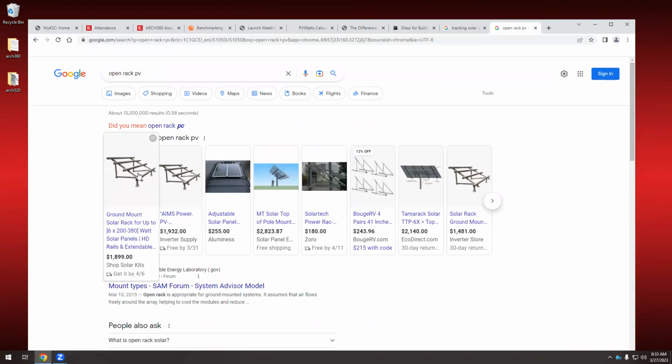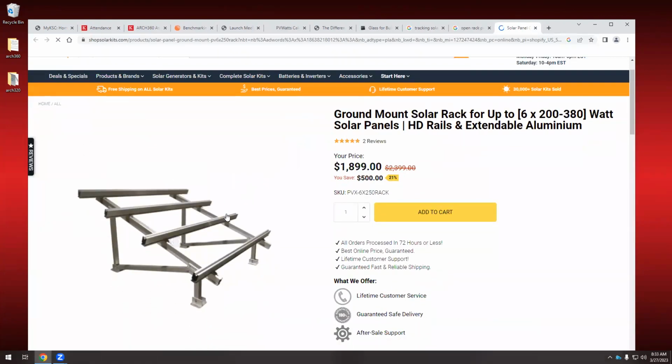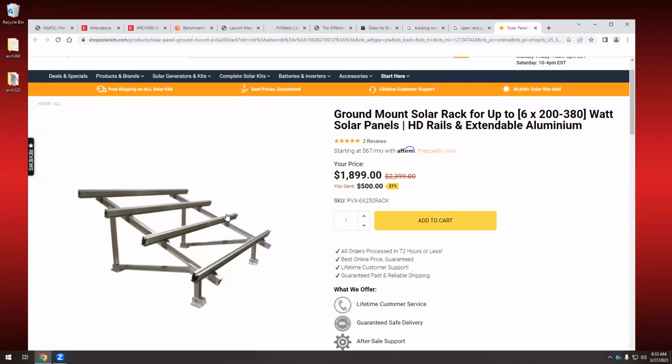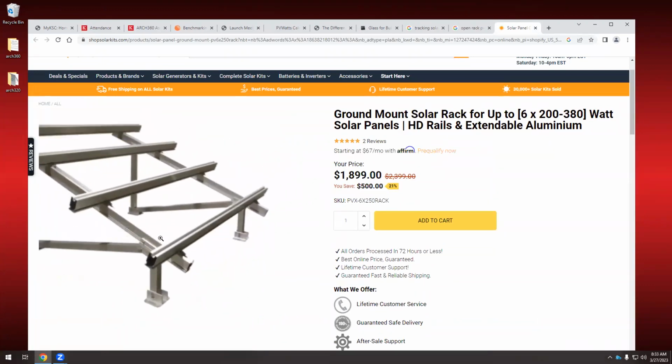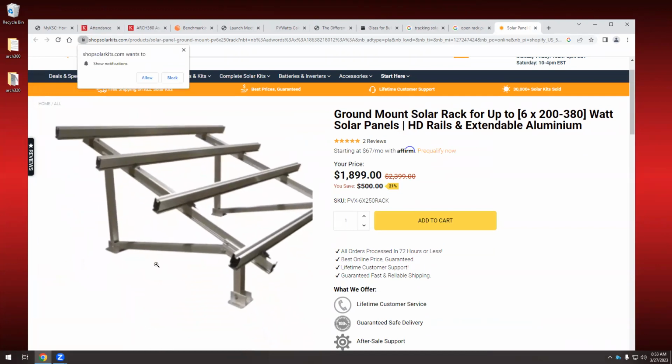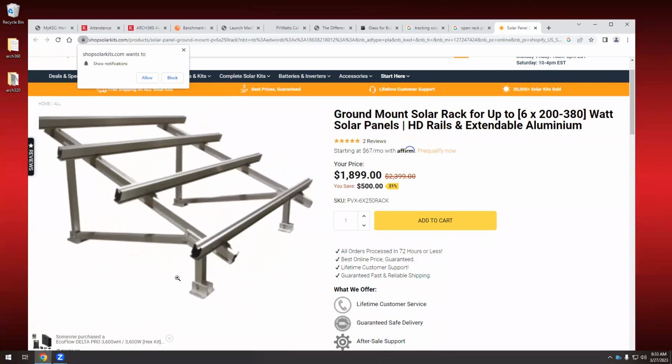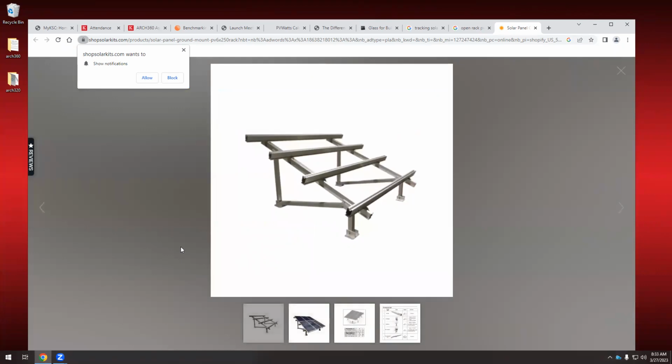Okay, so we always need a structure, and then on that structure, we can place the PV panels. So that will be the open rack. So we create the angle that we want, and we need that structure. It's more expensive. It's more efficient because one of the problems of the PV panel is the efficiency itself.